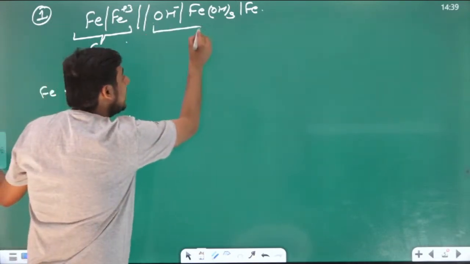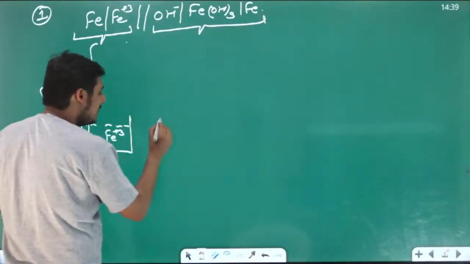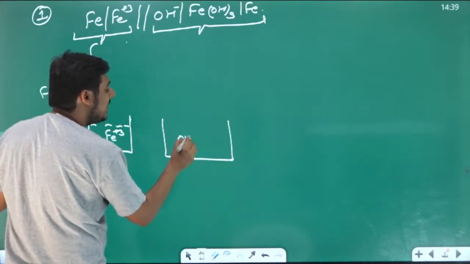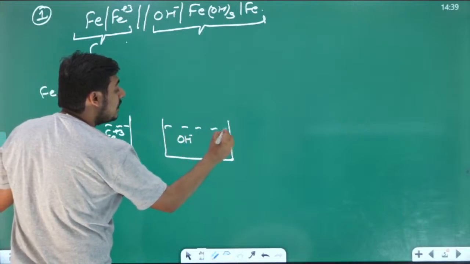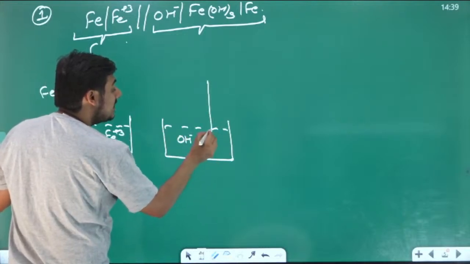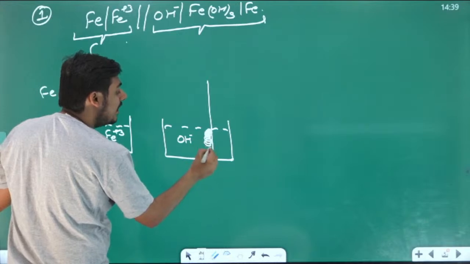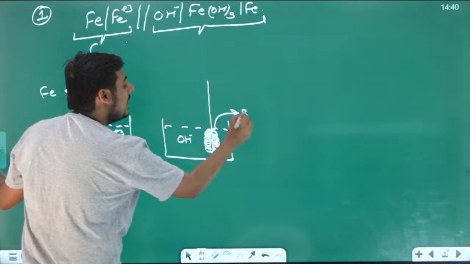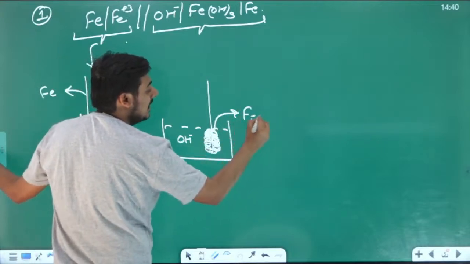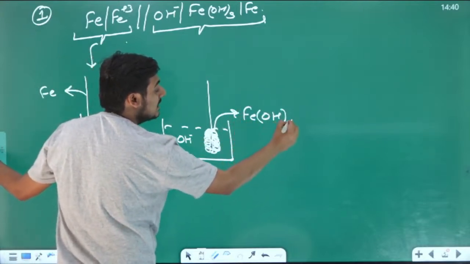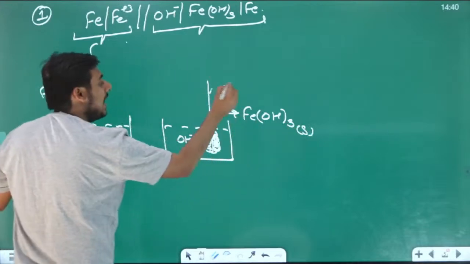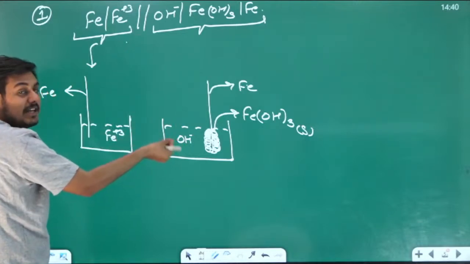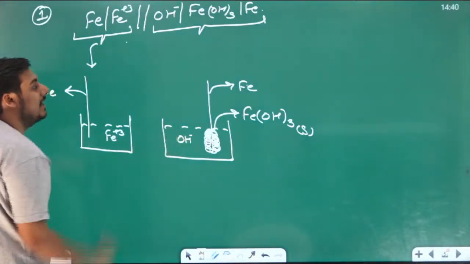And the cathodic representation means that we have a beaker where there is a presence of OH negative ions in contact with an electrode which has a paste of solid Fe(OH)3. The Fe(OH)3 paste is present on an Fe electrode, and this is dipped into a solution where there is a presence of OH negative ions.